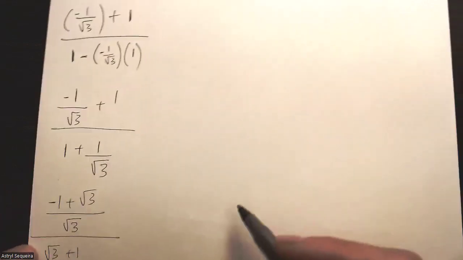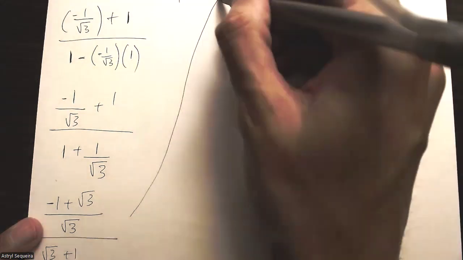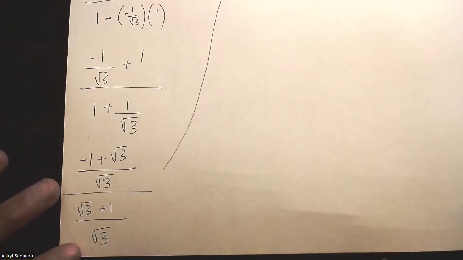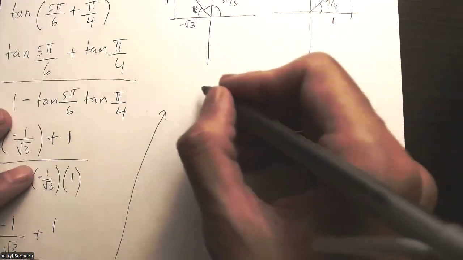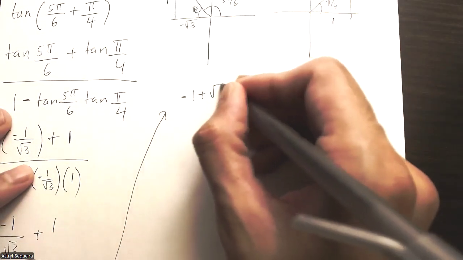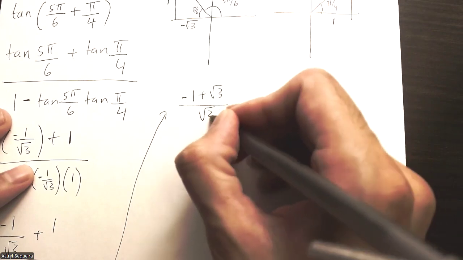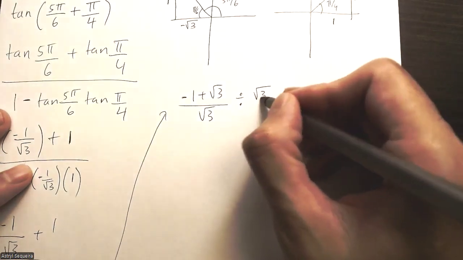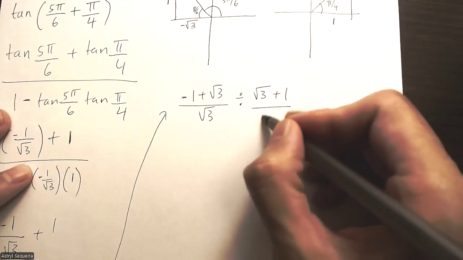Now I can simplify this. I'll just continue up over here. I'm just going to turn this main divide sign into a division. If you struggle with fractions over fractions, I'll show the long steps over here. But this can be done a lot quicker if you're more comfortable with fractions.